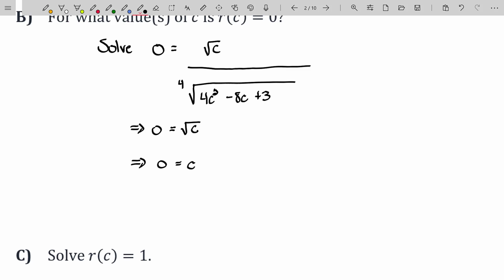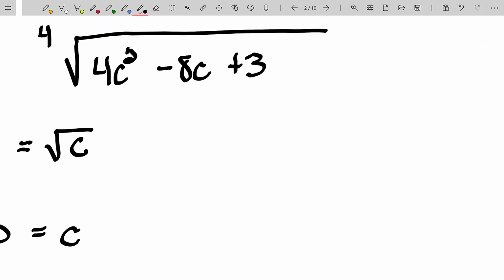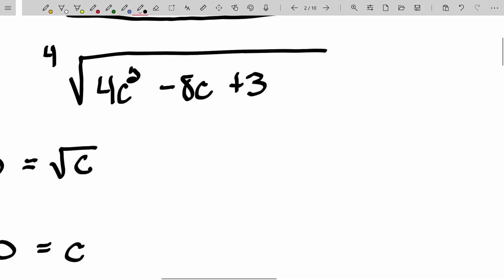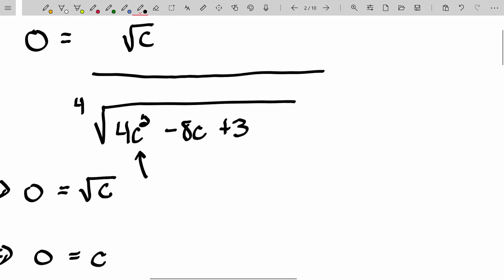Now, before I box that up and say that's the answer, you should double check that you can plug C into that denominator without the denominator turning into 0 or having issues. So just visualize with me, if you allowed C in that denominator to be 0, you'd get 0 minus 0 plus 3.